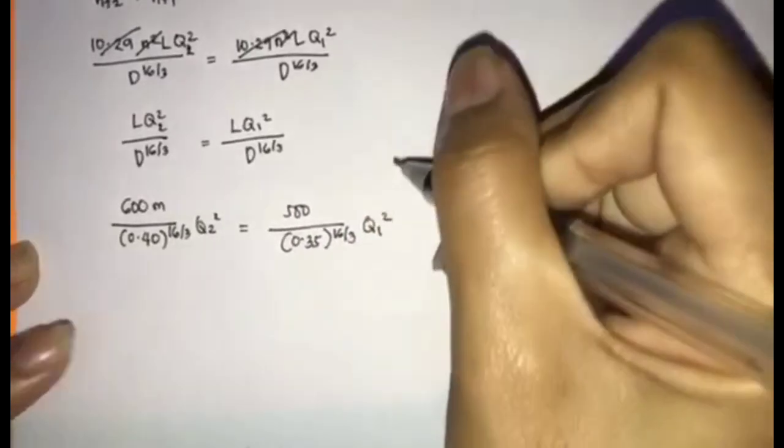So, plugging in the values of pipe 2, we have 600 meters over the diameter 0.40 raised to 16 over 3 Q sub 2 squared is equal to the length of pipe 1, which is 500 meters over the diameter 0.35 raised to 16 over 3 Q1 squared.